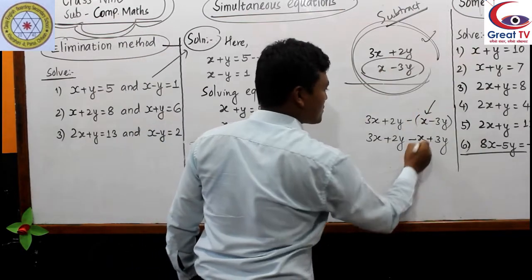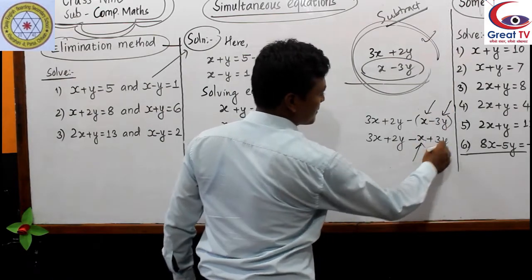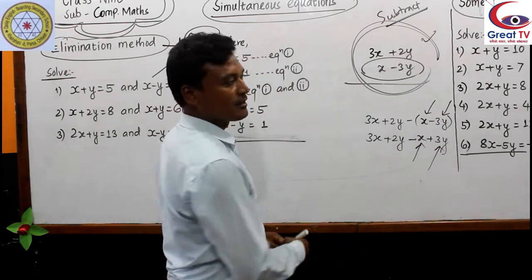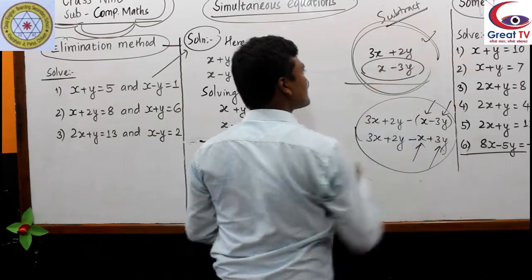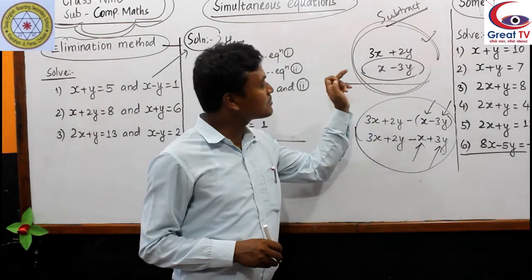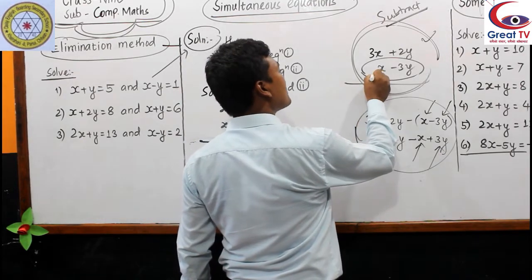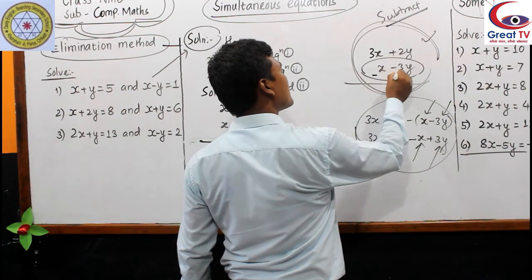It was plus x, now minus x; it was minus 3y, now plus 3y. That means while subtracting, we should change the sign of the terms of the expression written downside. It is plus x, so we write minus. It is minus 3y, so we write plus.